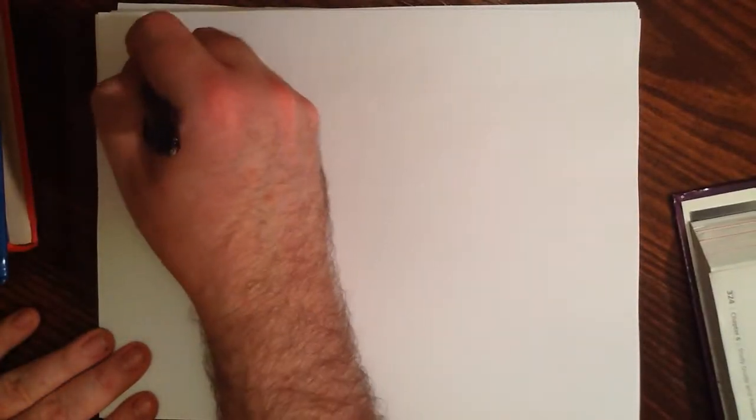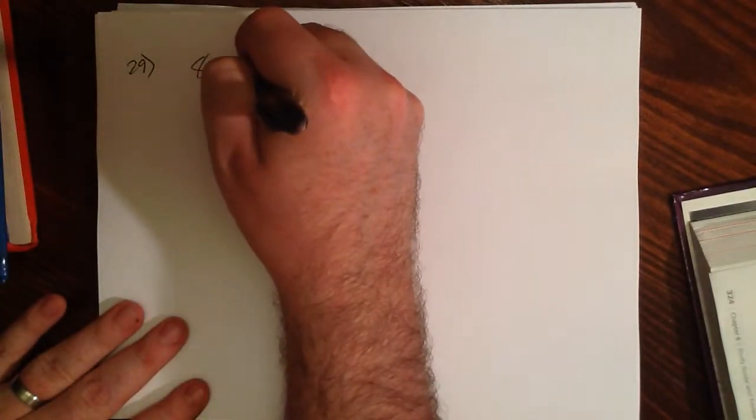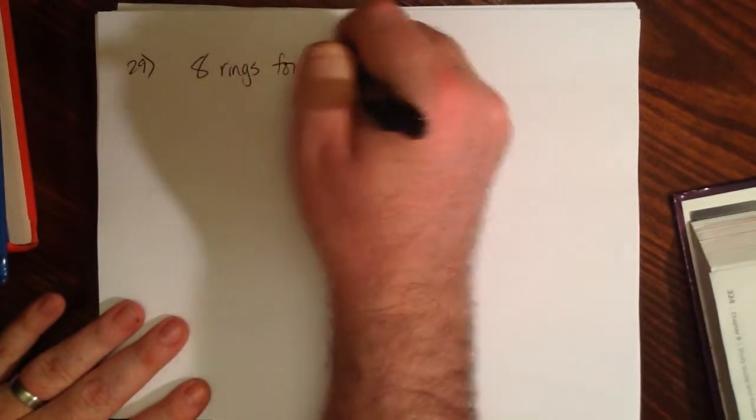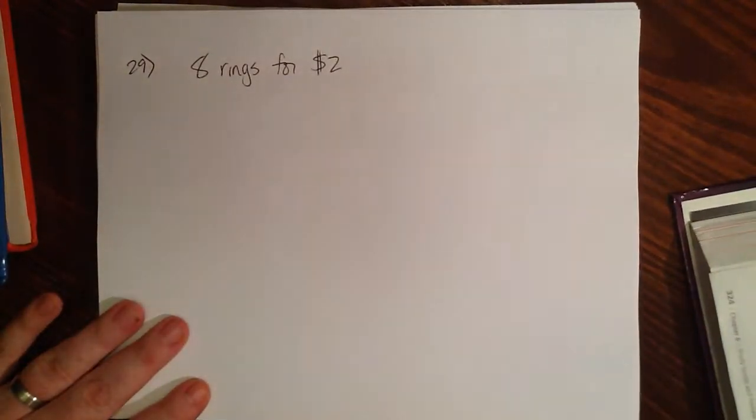Lastly, in this section, number 29 says, a customer at the ring toss booth gets 8 rings for $2. Write an equation relating the cost to the number of rings. At the same rate, how much would a customer pay for 11 rings or for 20 rings? So, they get 8 rings for $2.